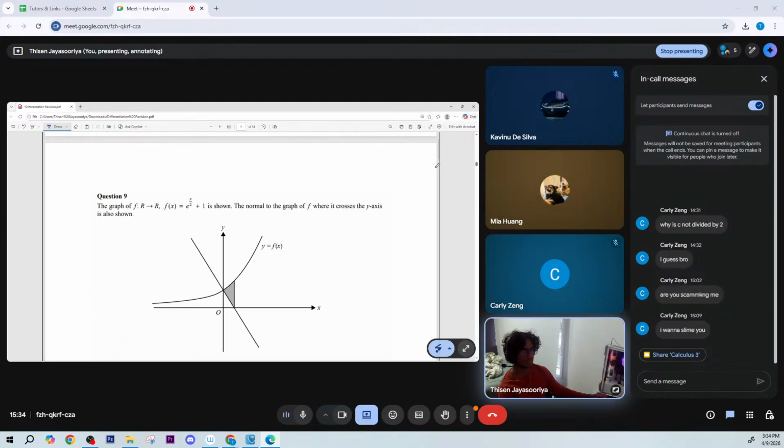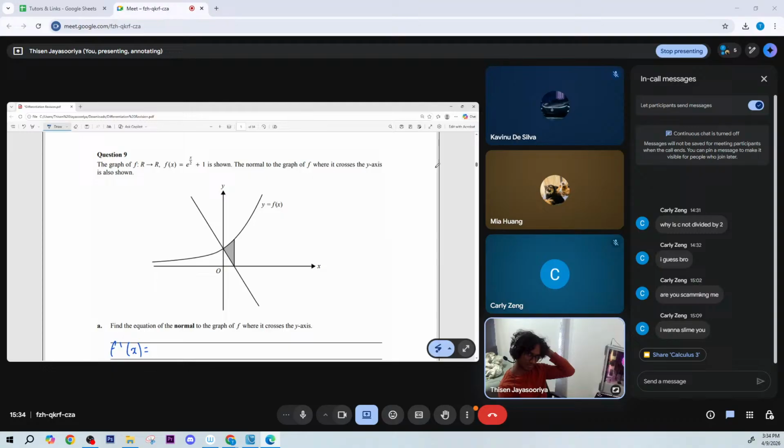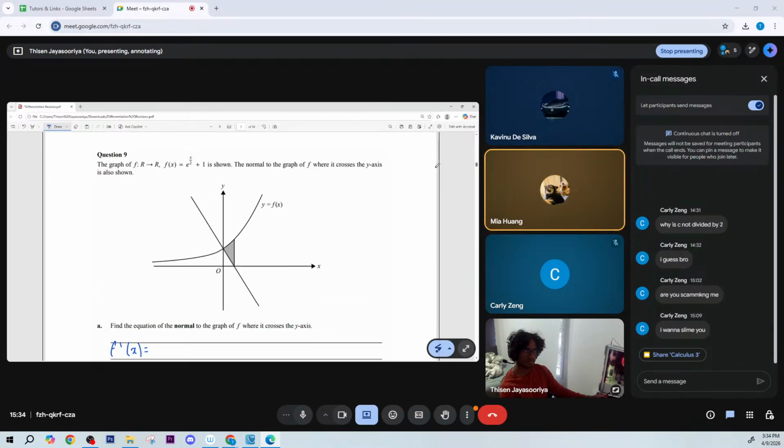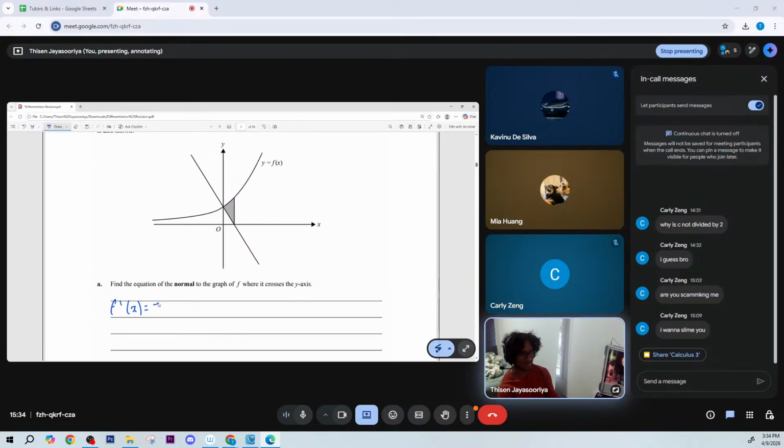So here, what's the derivative? Is it just e to the x over 2 plus nothing? So it's e to the x over 2. We're forgetting one thing.